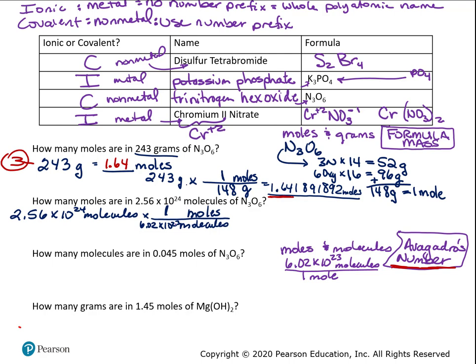If you have an old school calculator, one of mine, here's how I want you to put this in. Everybody ready? I want you to put 2.56. See the EE button just above number 7? Push EE. Do you see the 2 little zeros? Put a 24. So it should be 2.56 with a little 24, then divided by 6.02 EE 23, and then equals.